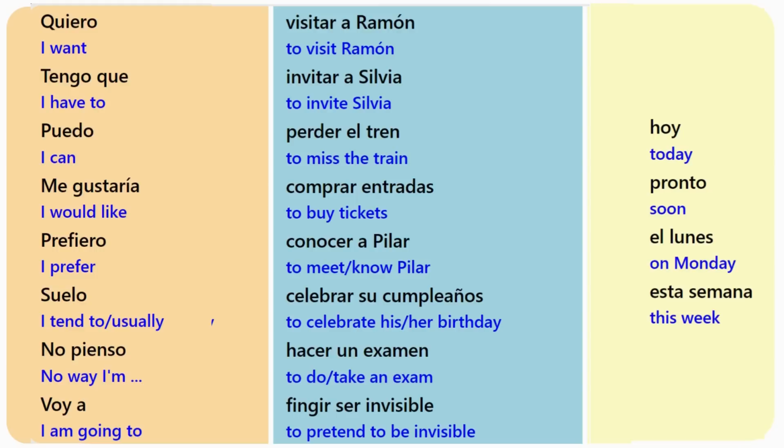How about if we'll extend that? What about if I said tengo que invitar a Silvia, pero, which means but, tengo que invitar a Silvia, pero quiero invitar a Ramón.